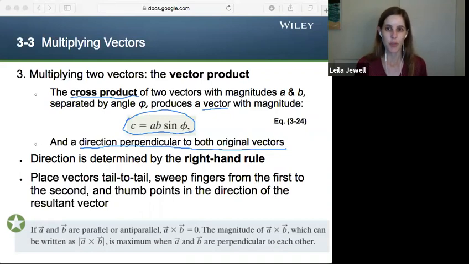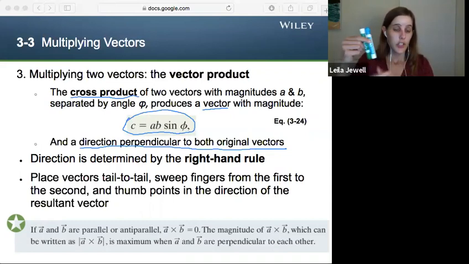So we'll see this in just a moment. If A and B are parallel or anti-parallel, they're going in the same direction or the opposite direction, then the cross product is 0. The magnitude is at a maximum when vectors A and B are perpendicular to each other.